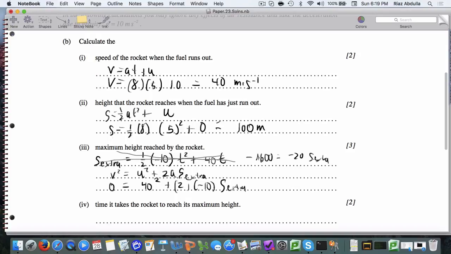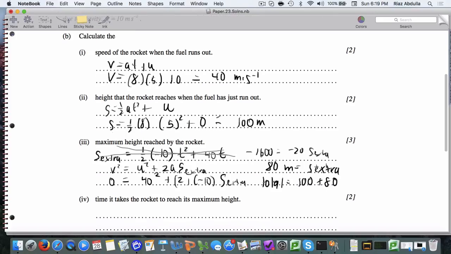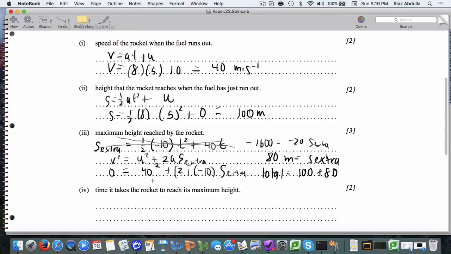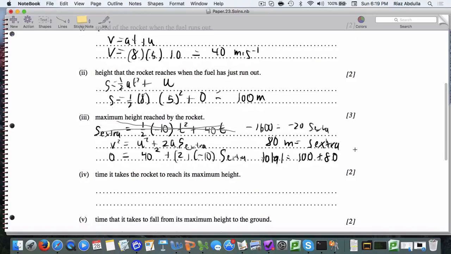And so we're going to end up getting 80 meters is that extra height. So the total is going to be 100 plus the 80. So what I did is, right when the fuel cuts out, the speed is 40, and I use that to get the additional height that it achieves. So I took 100 plus 80 to get 180 meters.